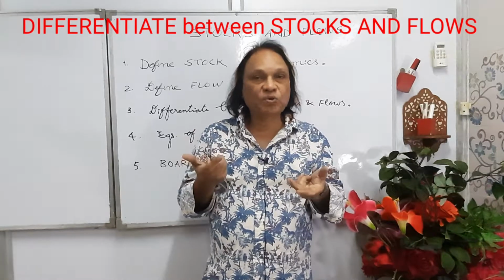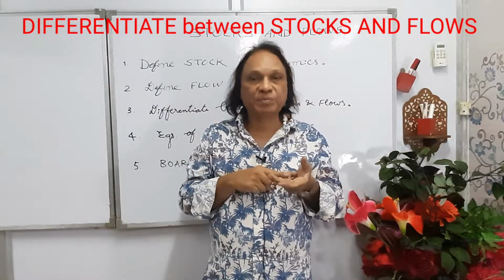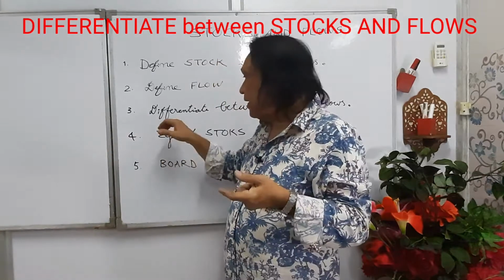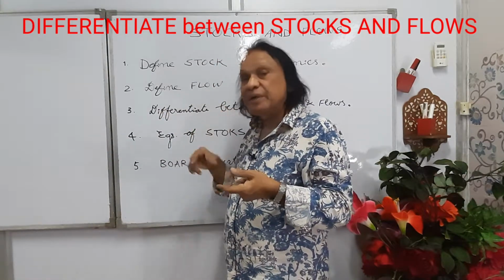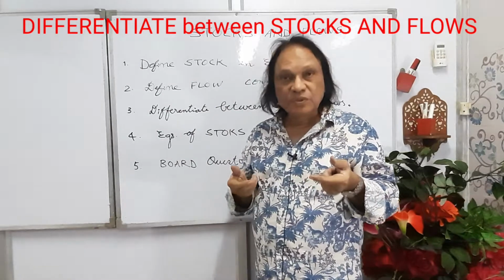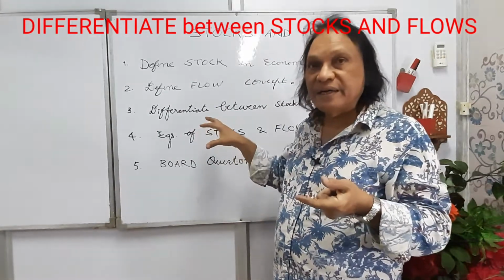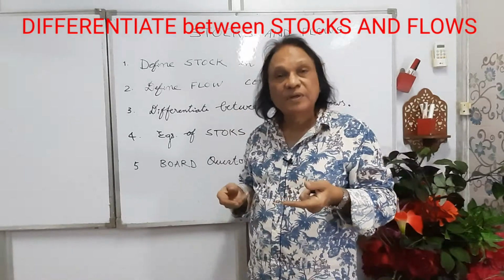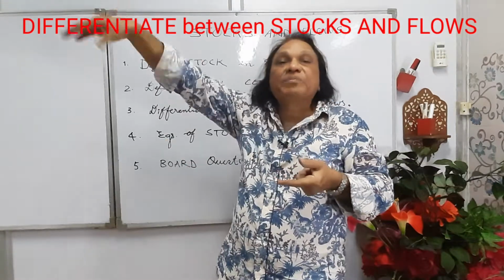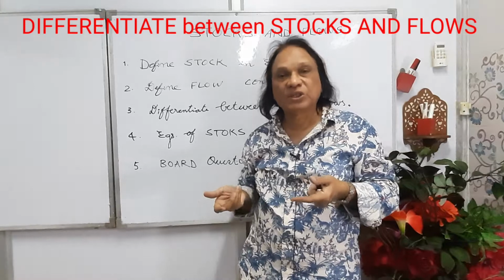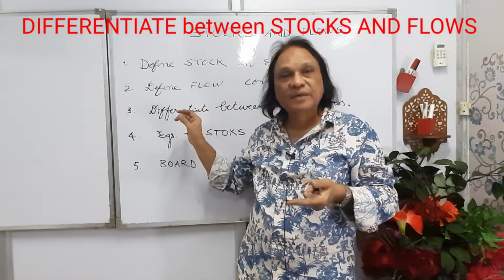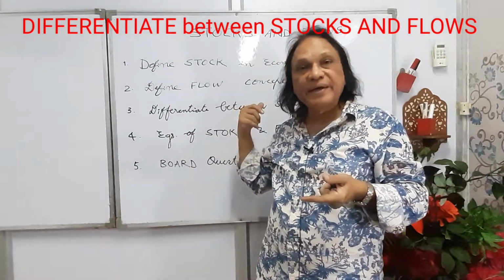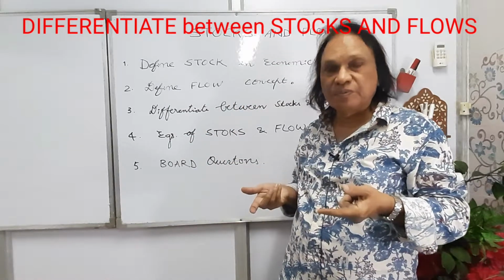So stock has no time dimension, flow has a time dimension. The third point, stock is a static concept. Flow is a dynamic concept because it keeps on changing.